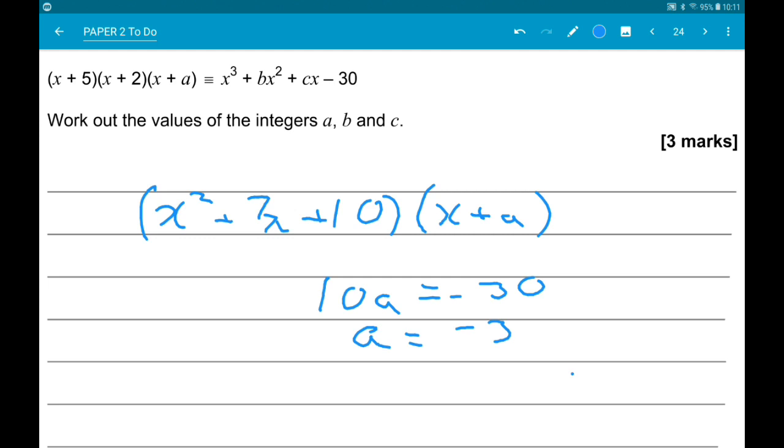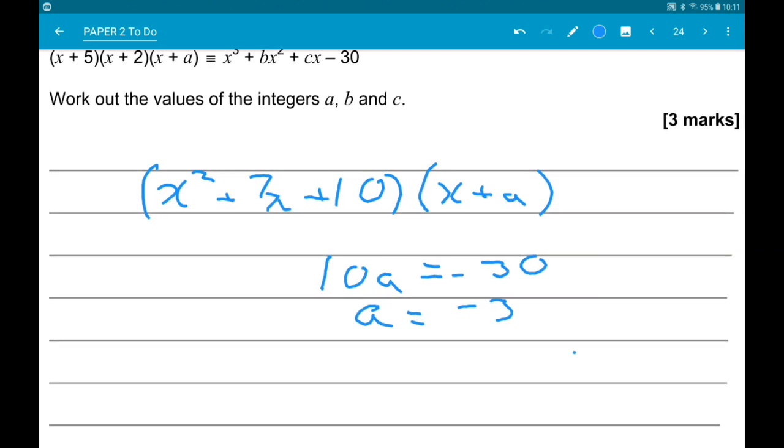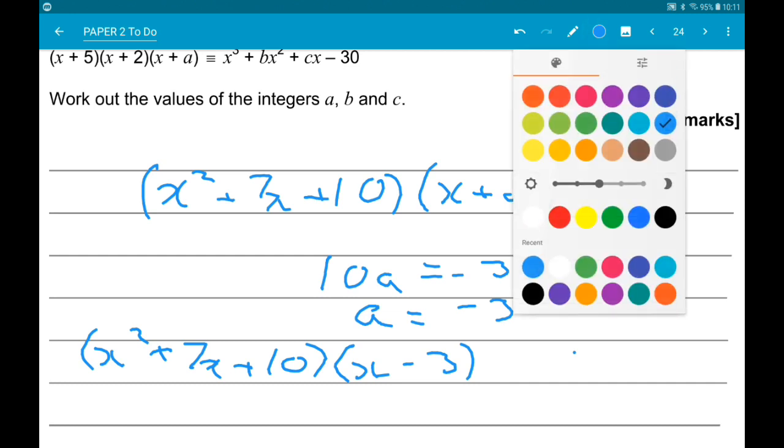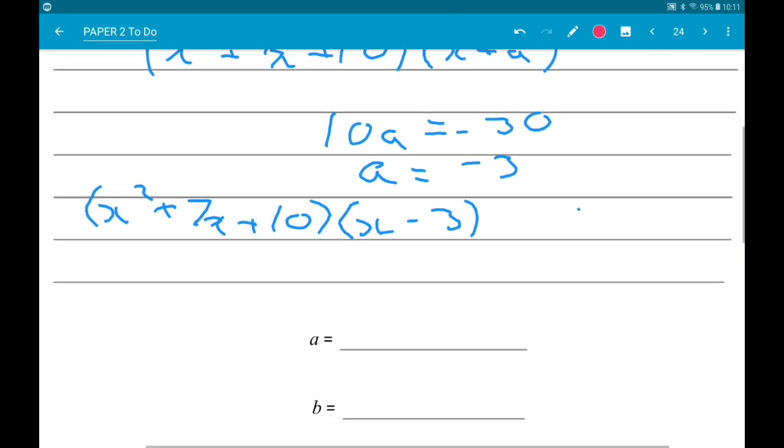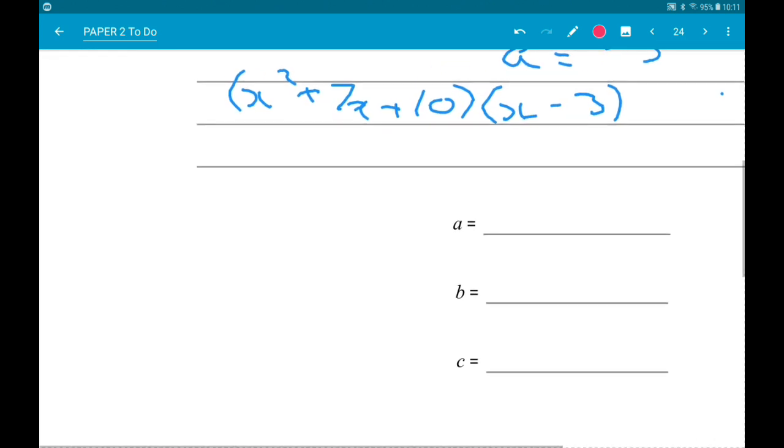So now the left-hand side is x squared add 7x add 10 times x minus 3. Now to work out b and c, we're now going to expand these two brackets. So I would always recommend using a table to do this.